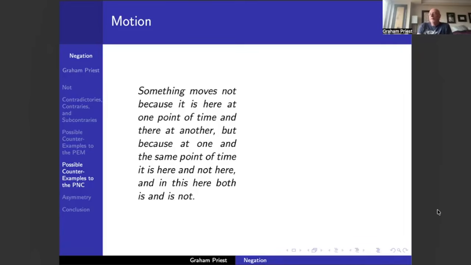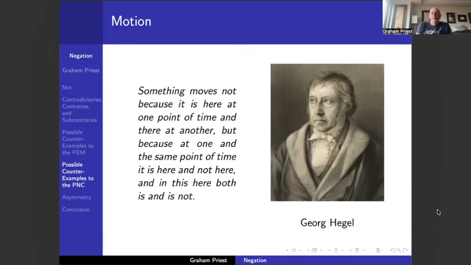So the thought is that if something is in motion, it realizes a contradiction because it's both where it is and it's already gone a little bit further, so it's not there. So motion realizes contradictions. Now, who said that? Well, this guy, probably the most famous philosopher of the 18th and 19th centuries, George Hegel. So Hegel held that motion was contradictory.